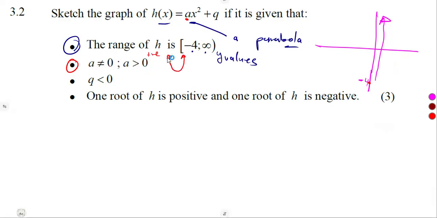We are already having that, passing at -4, and the q is less than 0. That is what you can see, because it's at -4. So 1 root of h is positive and 1 root of h is negative.